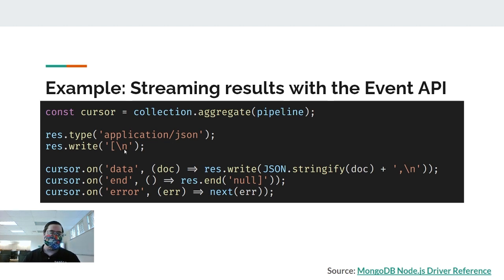I'm going to immediately start writing to the stream, and it's been a while since we did write, but write says put this in the output. Okay, so res is the response. We're going to start writing. Well, what are we writing? We're writing a square bracket and then \n for new line. So that square bracket is to say that we're going to start writing a JSON array. Cool?